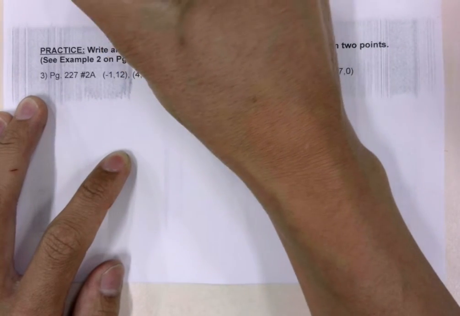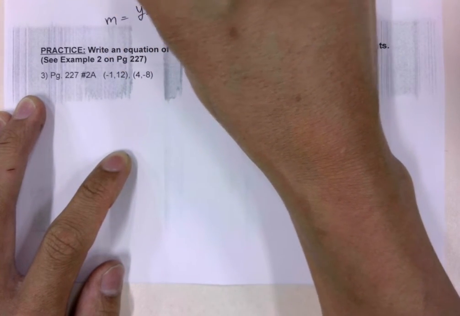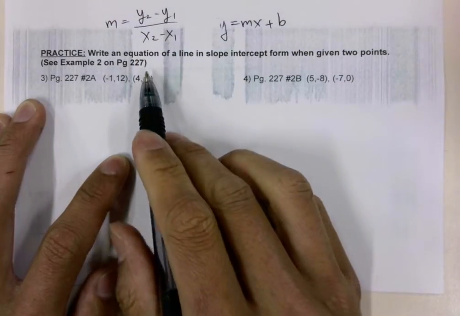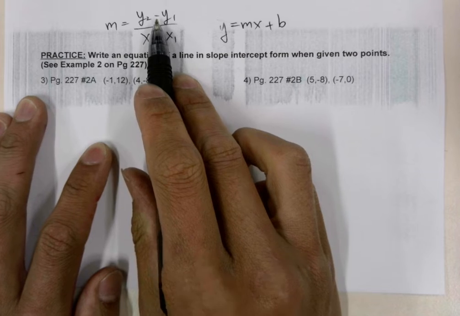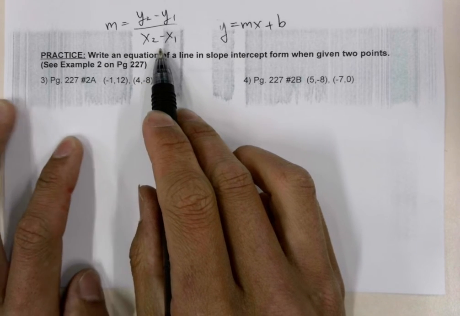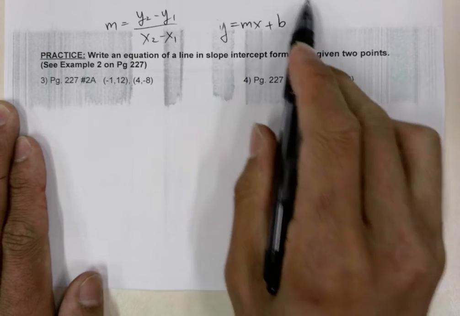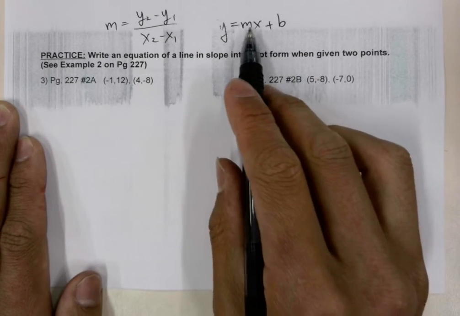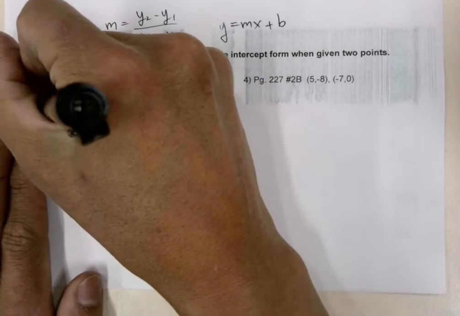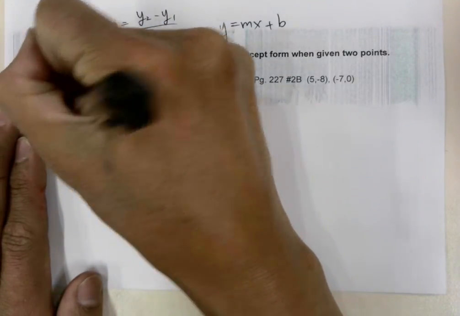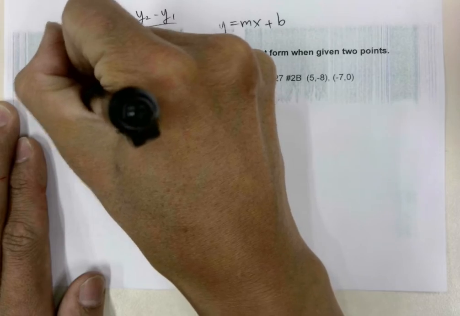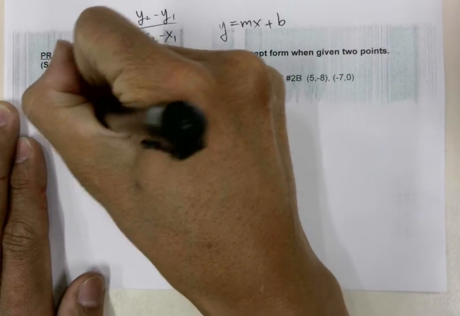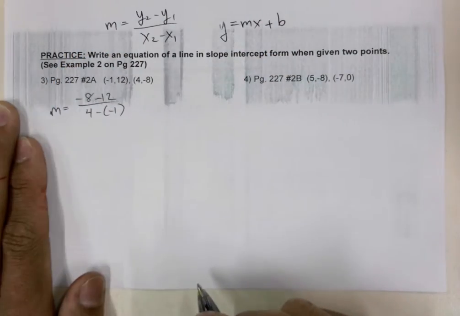We want to remember that our equation for slope is (y2 - y1) over (x2 - x1). So slope is the change in y over the change in x. The first step to writing the equation in slope-intercept form is to find the slope, find the m. Let's do that now. m is equal to (-8 - 12) over (4 - (-1)).